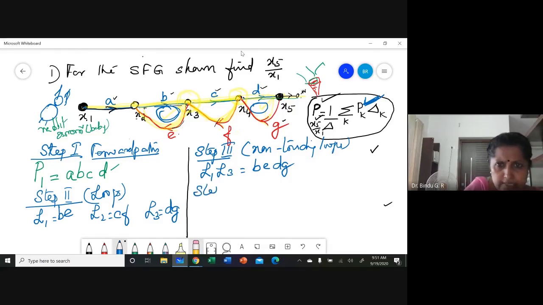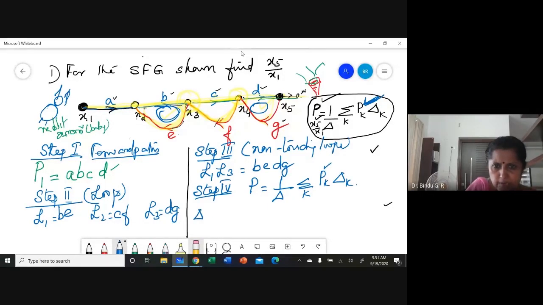Step 4. In step 4 I am coming to the final answer. Overall gain P as per Mason's gain formula is 1 by delta, sigma K PK delta K, where PK I got.